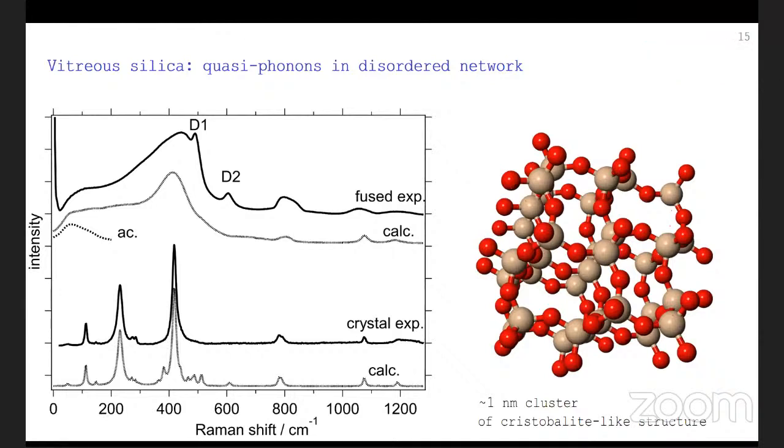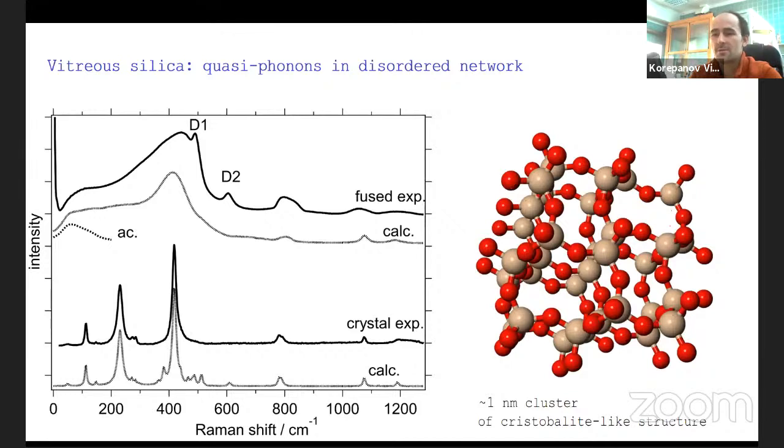We can analyze the experimental Raman spectrum in terms of what kind of localized modes can be there, and can we interpret the Raman spectrum? Can we analyze it in terms of something like a characteristic localization length, a localization scale of the phonons?